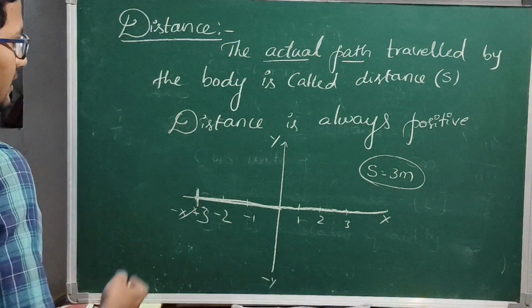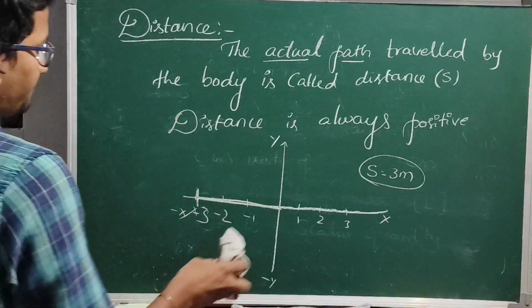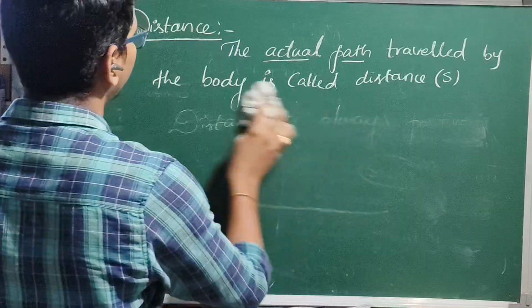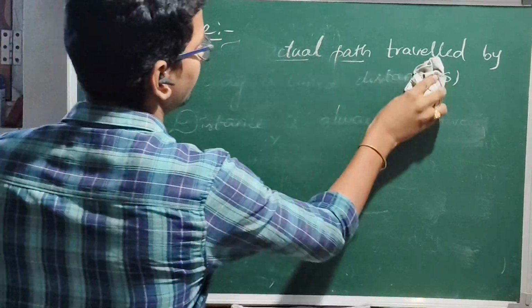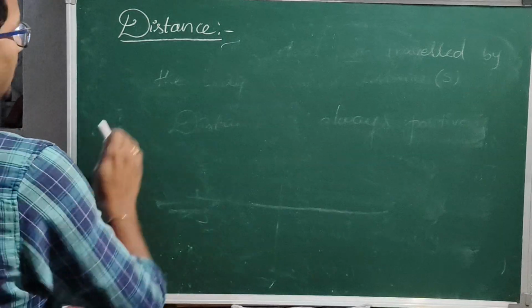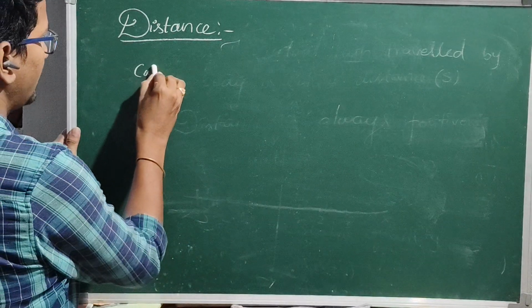That is in a straight line path. Next, we want to find the distance in a circular path. First of all, for a circular path there are four cases we'll discuss.